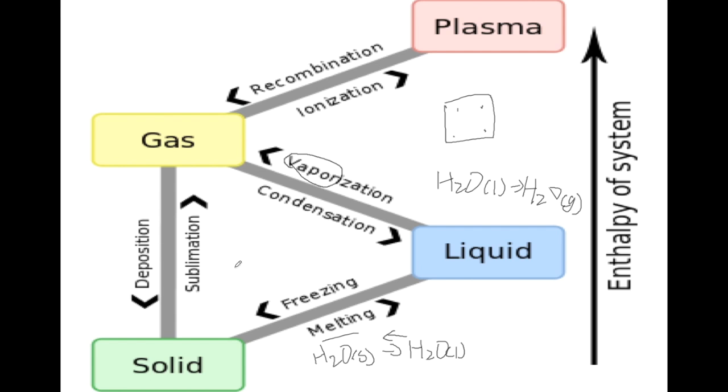Now let's go to the ones that you're probably not as familiar with as you are with these. When we go from gas to solid, it's called deposition. When we go from solid to gas, it's called sublimation.